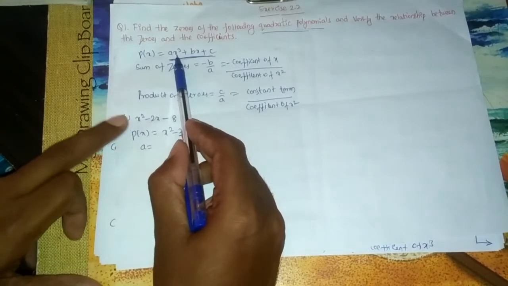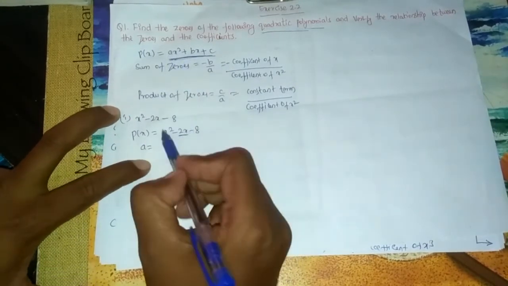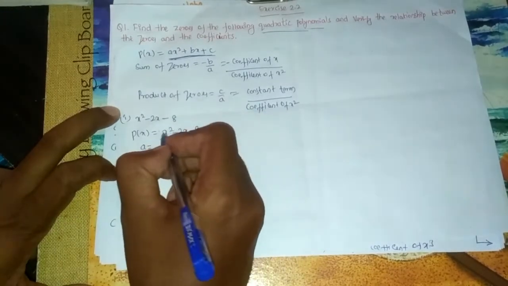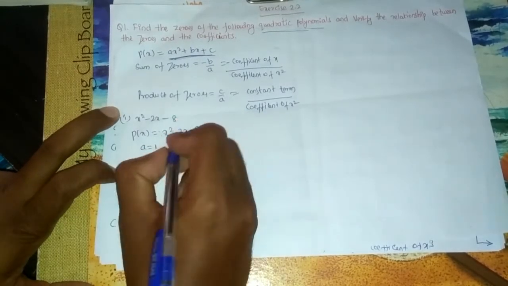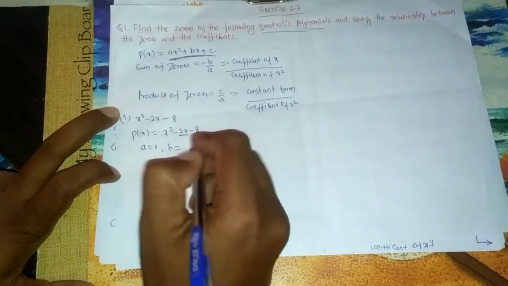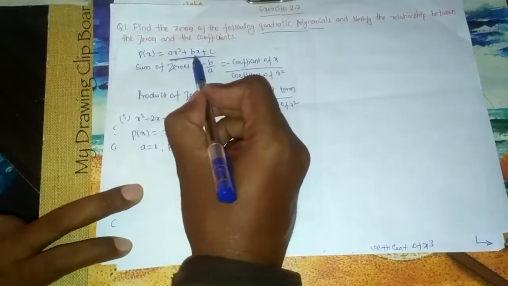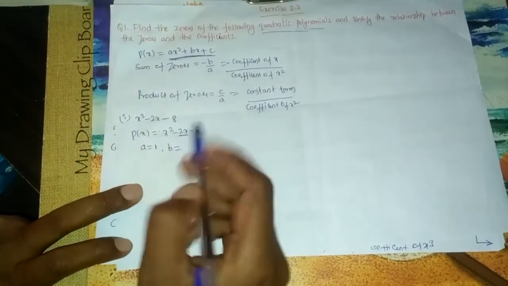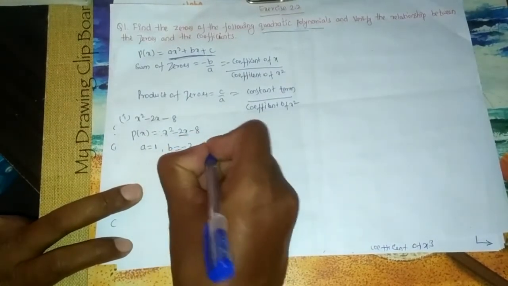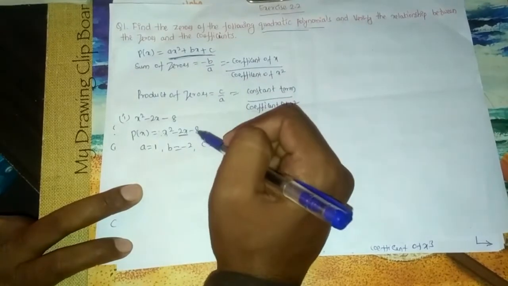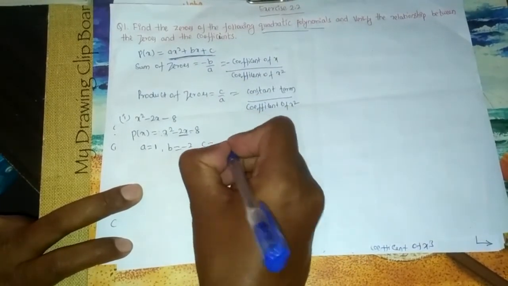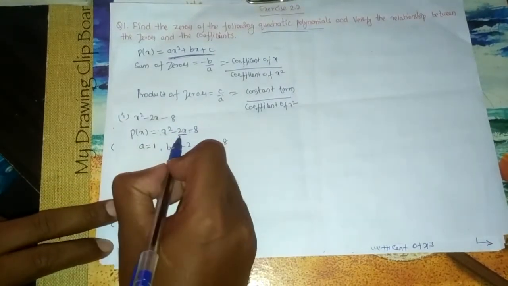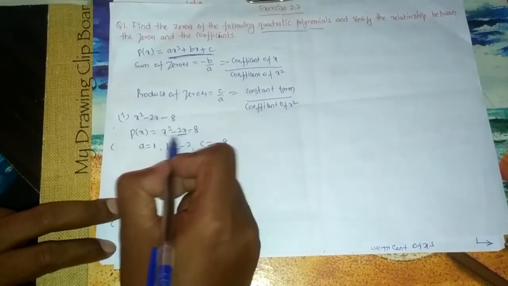So the x square coefficient is a; here, if nothing is there, it is understood that it is 1. And b is the coefficient of x, so here the coefficient of x is minus 2. And c is the constant term, so the constant term is minus 8.